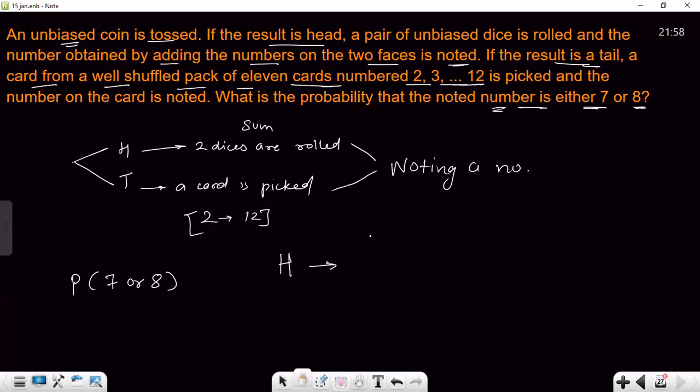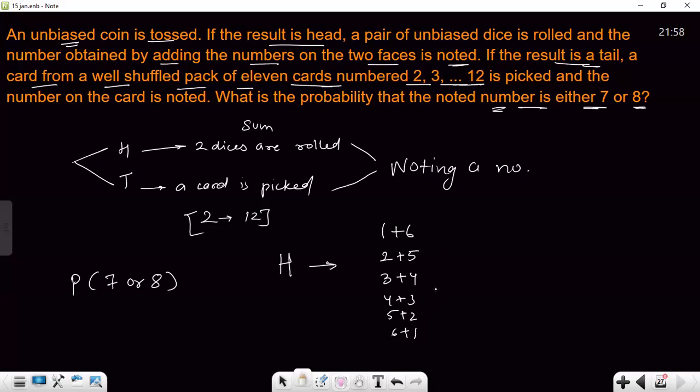If two dices are rolled, how many chances are there to get a sum of 7? So first let's discuss how many cases are there in which there will be a sum of 7: 1 plus 6, 2 plus 5, 3 plus 4 and 4 plus 3, 5 plus 2, 6 plus 1. So these are 6 favorable events.